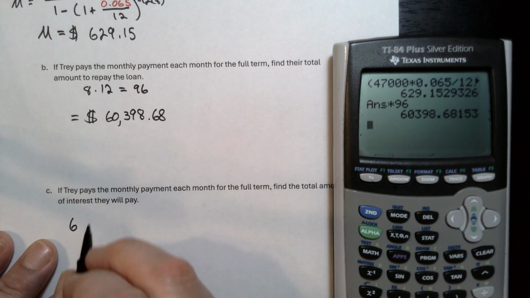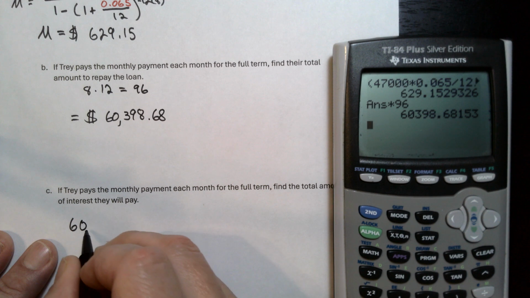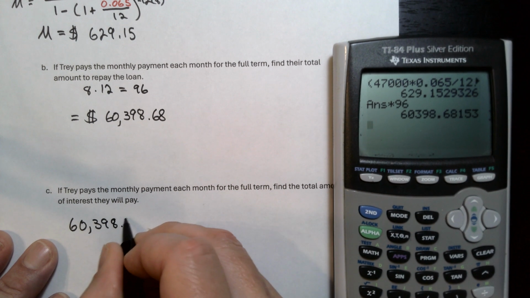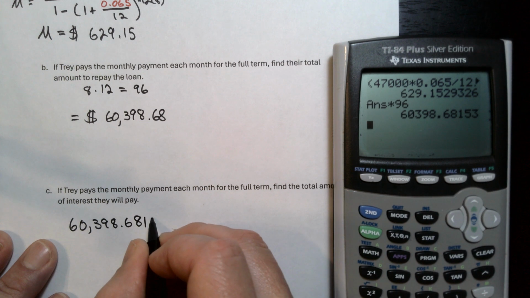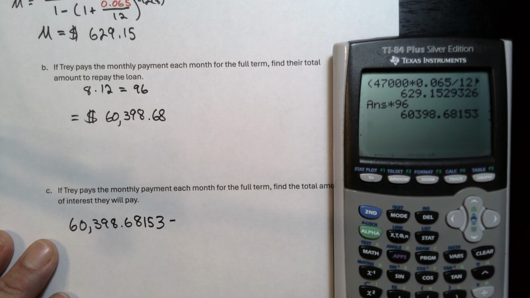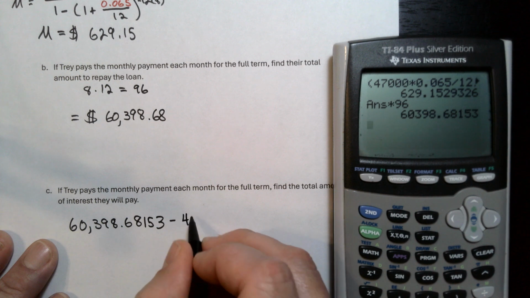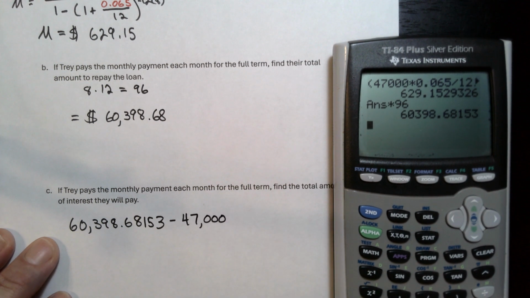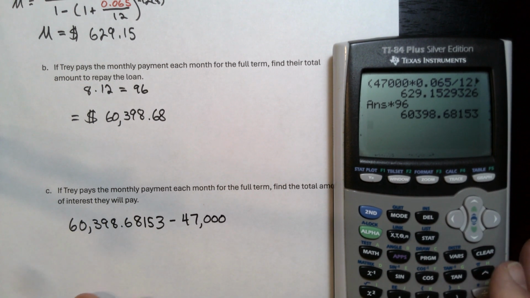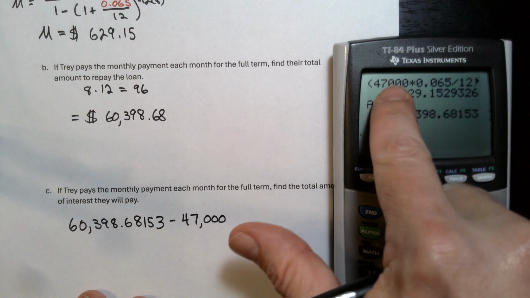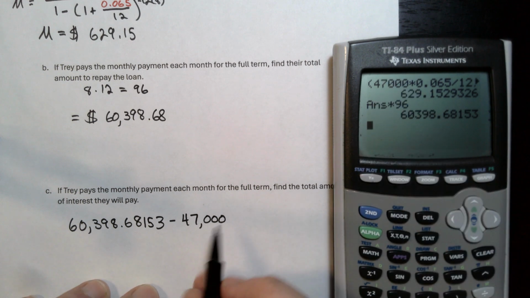So this would be $60,398.153, and I will subtract the 47,000, not 47,500, because I've done the whole problem incorrectly because I typed it in wrong here, but that's all right.